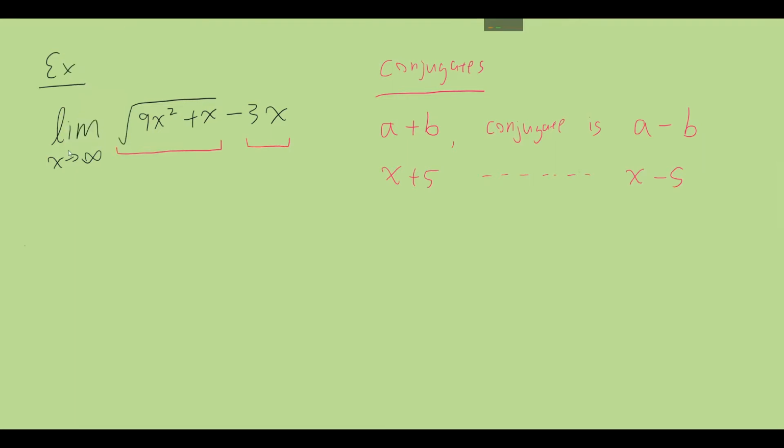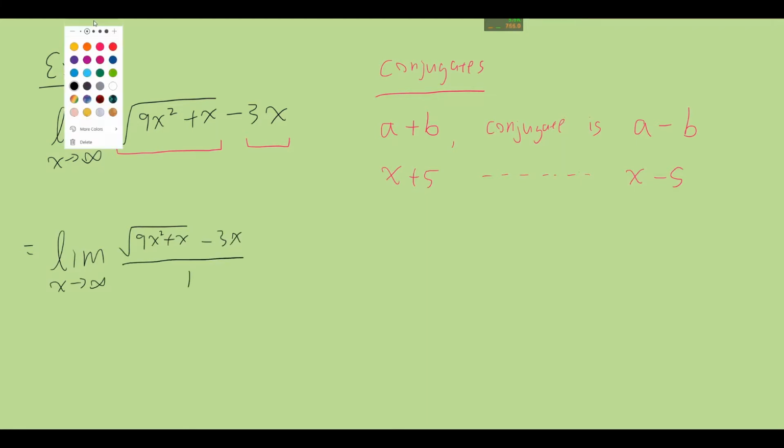So let's do that. Limit as x approaches infinity. I have square root of 9x squared plus x minus 3x. I'm going to write this whole thing over 1, and you will see in a second. Okay, so I'm going to multiply by the conjugate, which is square root of 9x squared plus x plus 3x. Opposite signs, right? That's conjugate.